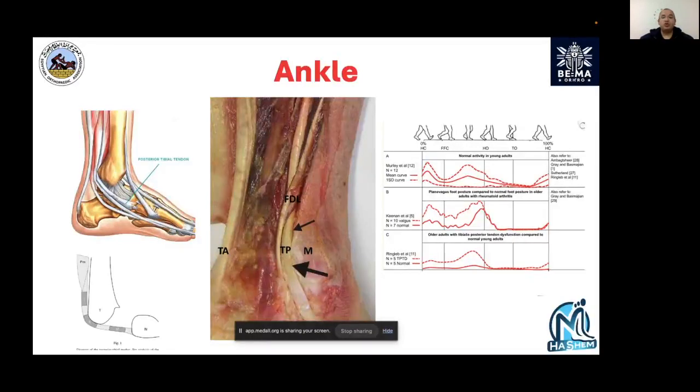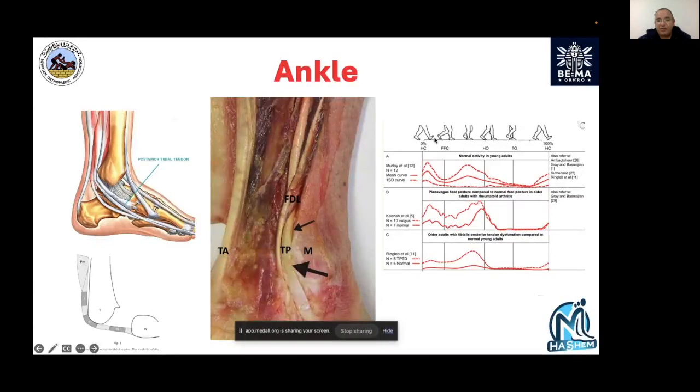For you to walk, look at this graph and this graph, and see how the situation is with a normal tib post in different activities, and here a comparison between the normal tib post and a tib post deficiency or a flat foot. As you see, your tib post plays a very important role in moving.